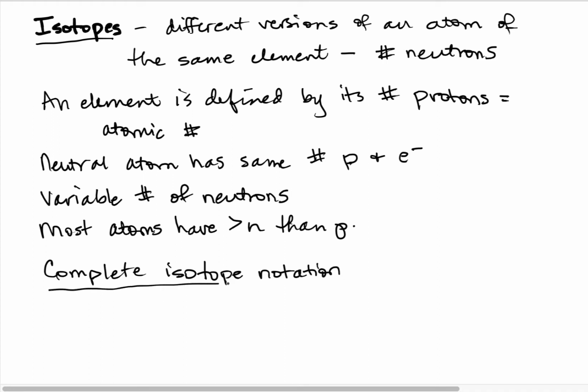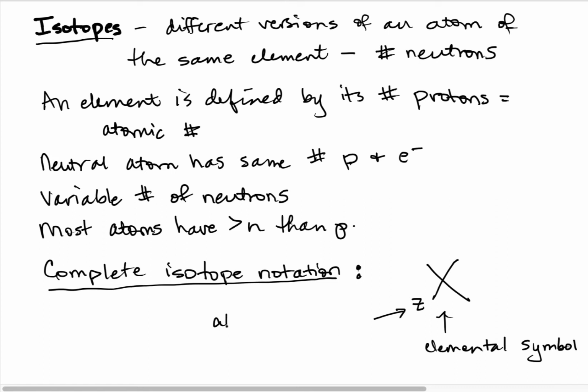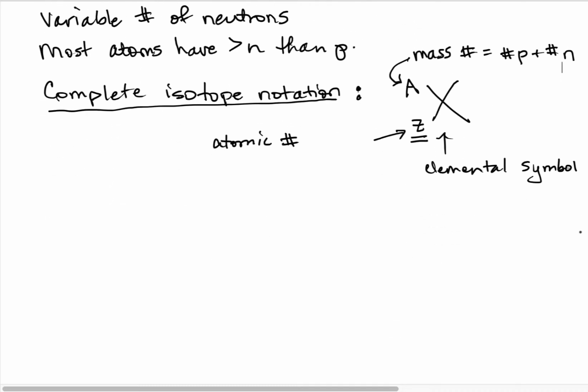The complete isotope notation is the elemental symbol, the atomic number down on the bottom left, and for the atomic number we use the capital Z just as a reminder, and then up here we have the mass number, which uses the capital A, which is the number of protons plus the number of neutrons. So that's our complete isotope information.